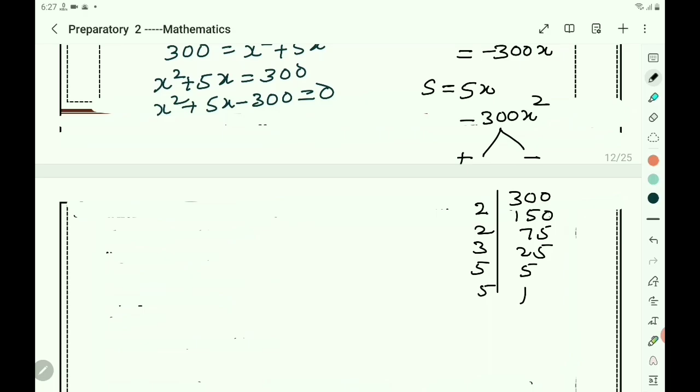Here we have to take the difference 5. You can have here 5 3s are 15 and 5 2s are 10, 10 2s are 20.